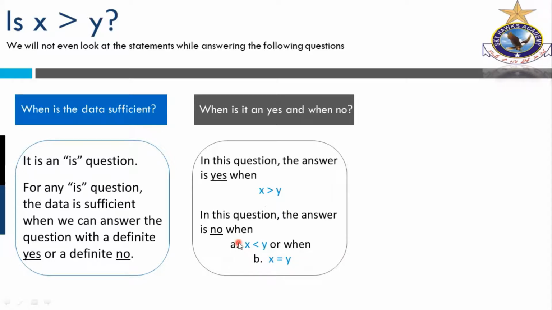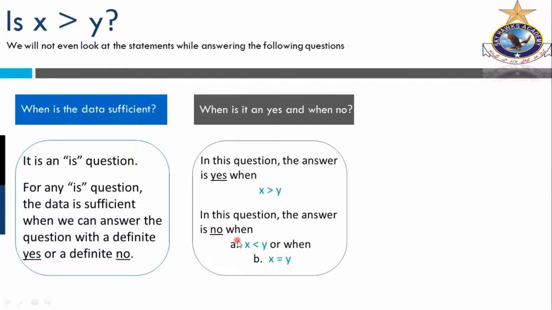Are you getting this? We should say yes only when x is absolutely greater than y. If they are equal, we should say no. If x is less than y, once again our answer is no. So for yes, we have only one option, that x must be greater than y. For no, it must be less than or equal to.